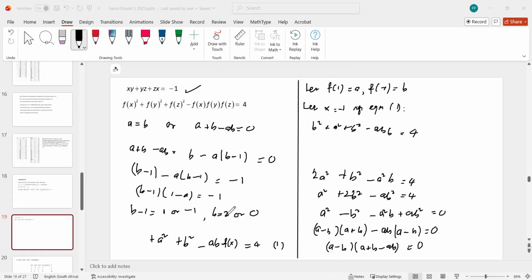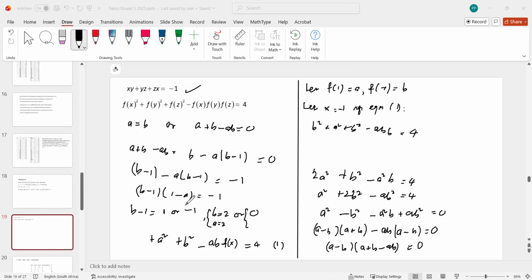If b equals 2, then 2 minus 1 is 1. You have 1 minus a is minus 1. You have a equals 2. I want you to put b equals 2 here and calculate a.